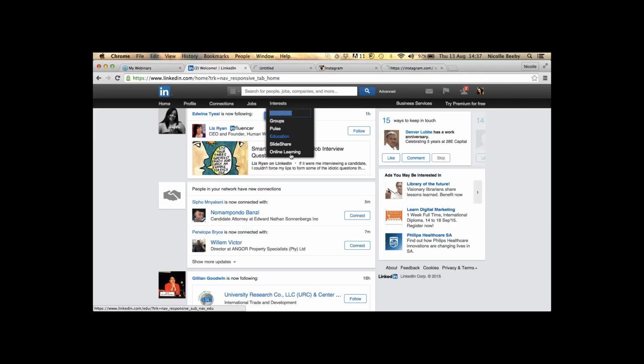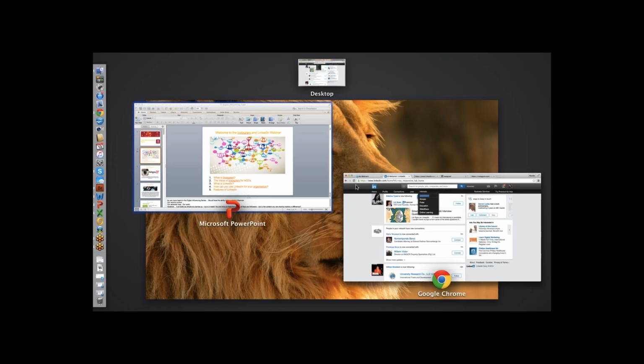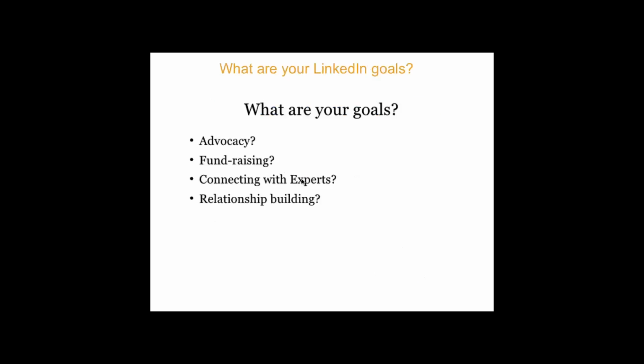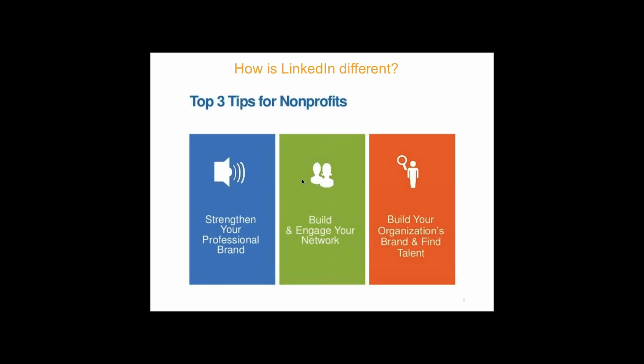Over there we have companies, groups, Pulse, education, SlideShare, online learning. We would fall under the companies category. So as an NGO, you would create a company page for yourself where you can also add status updates, post job opportunities, post news, post people that you've hired. You can post tweets and you can create blog posts.